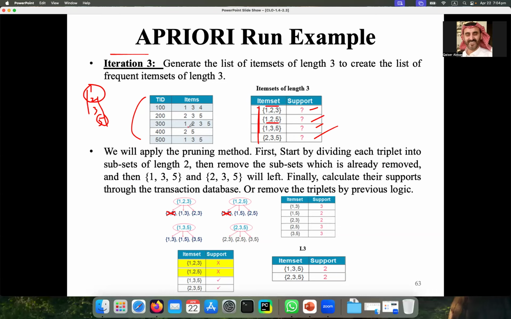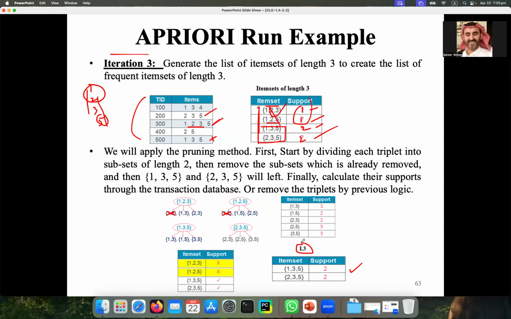Only one time. 1, 2, 5 is also 1. 1, 3, 5 is true here, and true here. So 2. 2, 3, 5: here true, here not, so 2. The threshold is 2, so you can remove them, and you have only 1, 3, 5 and 2, 3, 5 left, which is mentioned here in L3.